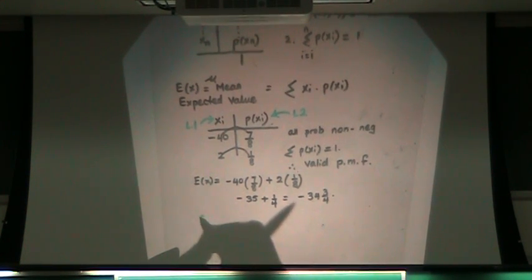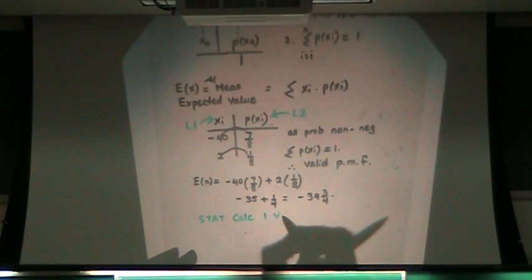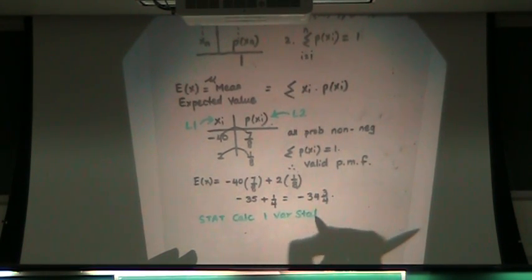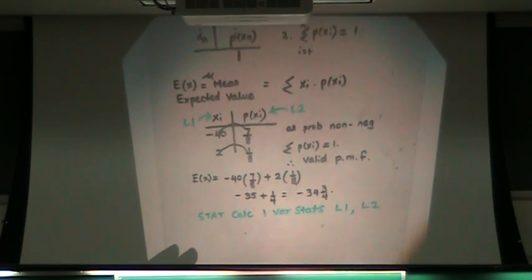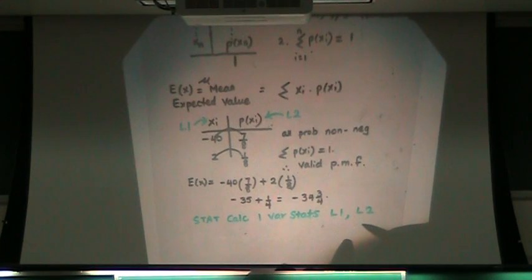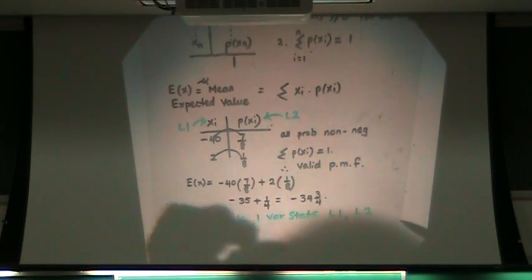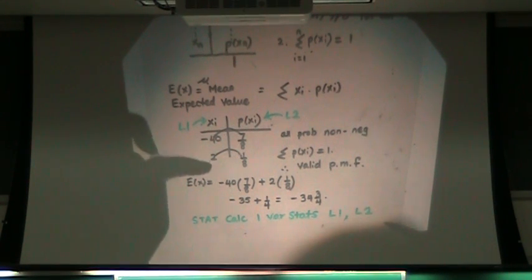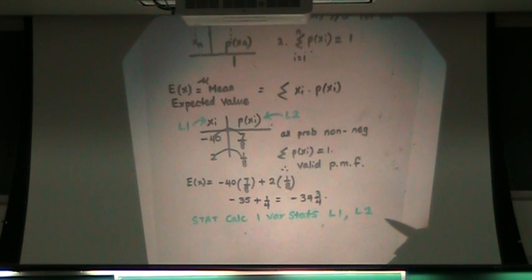And then you go stat, calc, 1 variable statistics on L1 comma L2. If you forget the comma L2, it would not be reading the probabilities at all, and it would give you the answer minus 40 plus 2 divided by 2, which would then be minus 19 for the mean.